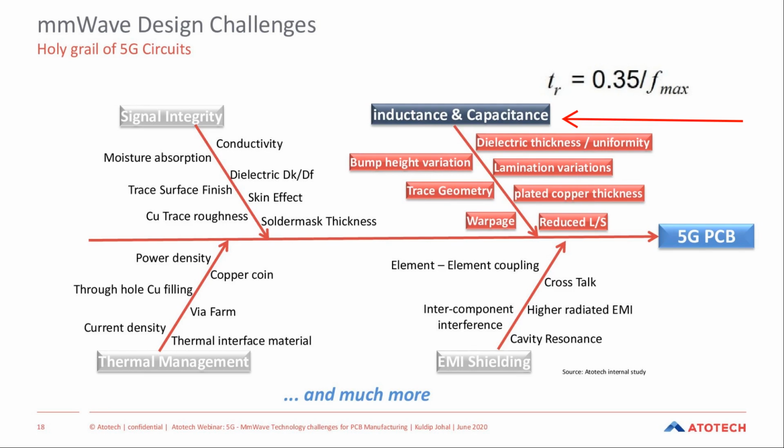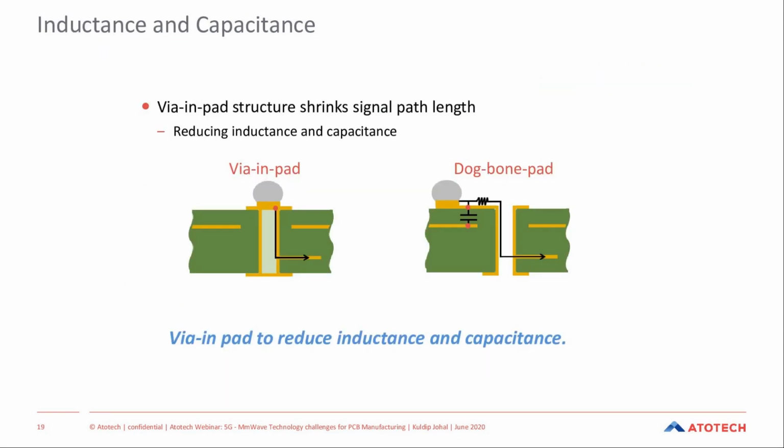So I see the printed circuit board industry for 5G transitioning into more statistical process control and doing a lot more analytics on the outputs of the manufacturing process. Dialing down the variabilities of the process is going to be one of the key factors moving forward.